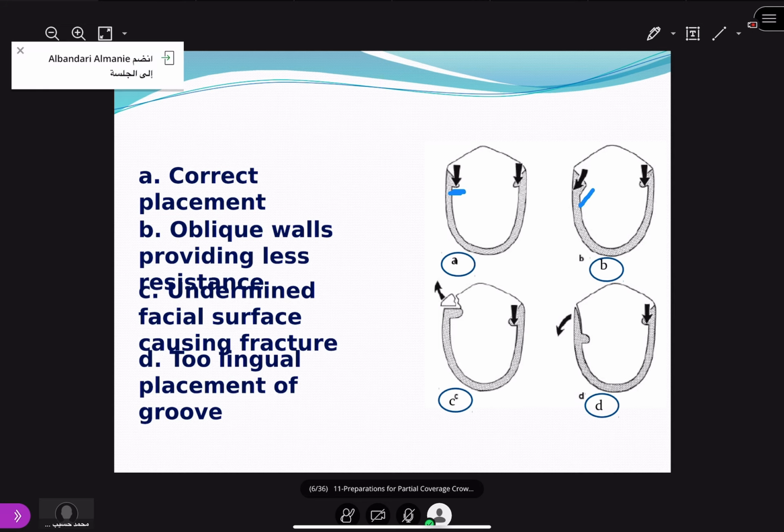In picture C, you see that when we make a groove, a thin lip of enamel is left behind. In that area, we will provide the proximal flare to prevent fracture of the enamel surface. In picture D, if you provide the groove too far lingually, it will not provide retention, it will damage the tooth, and it will involve the pulp.